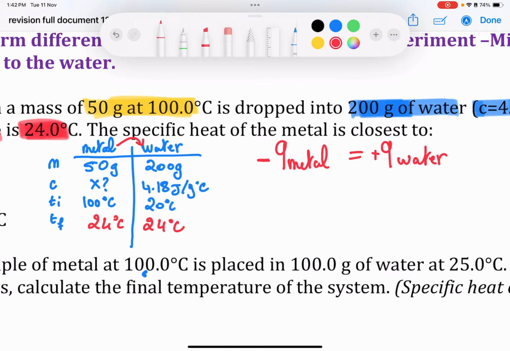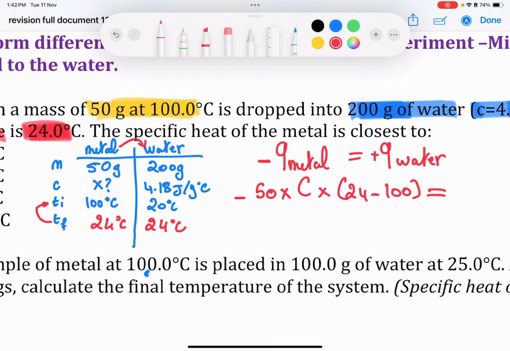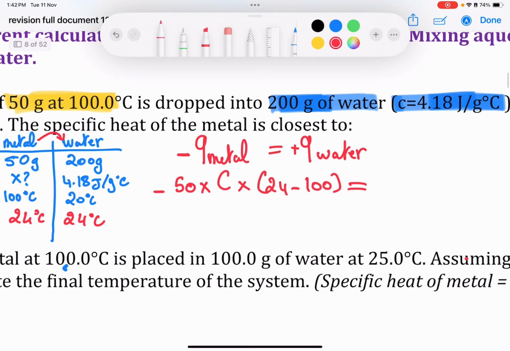So I'm going to substitute. There's a minus here at the beginning. Mass of metal times specific heat capacity of metal multiplied by T final minus T initial, so 24 minus 100, equals. Now I'm reaching the Q of water.